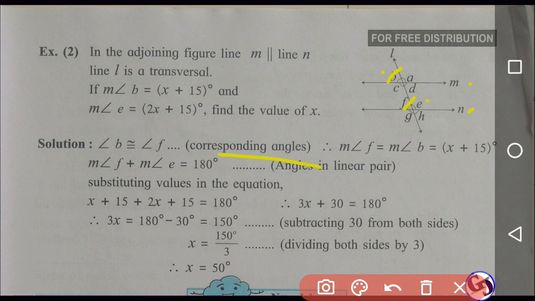F and B are both x plus 15. So F and E, this F angle and this E angle, the sum of both means a linear pair, angles in a linear pair. Substituting these values in the equation above, then x is equal to 50. We get x is equal to 50.